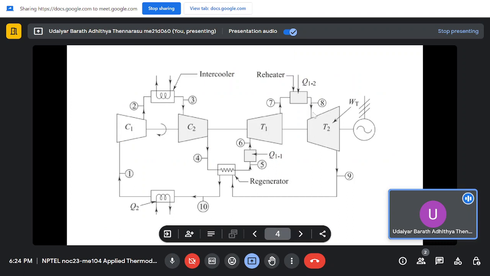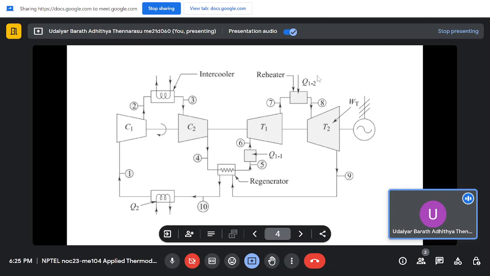Take into account that we have two compressors with an intercooler and turbines with a reheater. You're compressing and taking some amount of heat out, so your net compressor work is going down, and then you're giving in some heat. So Q1 is the same, and in the first turbine stage you are producing some work, running between 6 and 7, and then you are again giving in some heat.